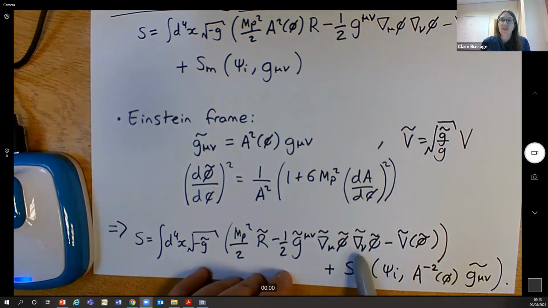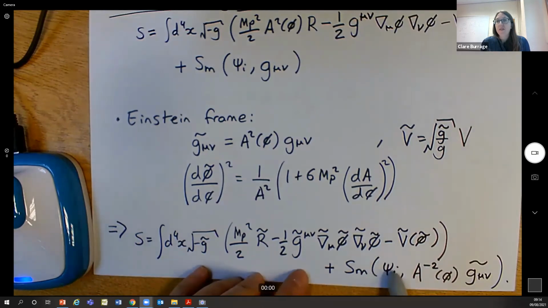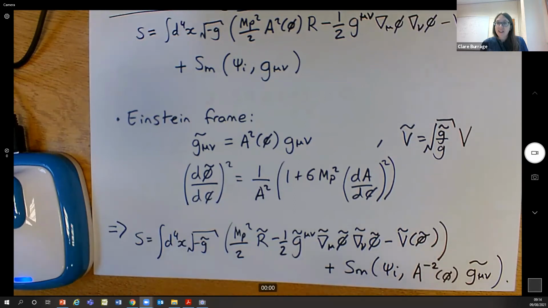This is not interacting directly with gravity. And now I just have that my matter fields are moving not on the metric that is coming in the Einstein-Hilbert term here, but on some combination of phi and g mu nu.